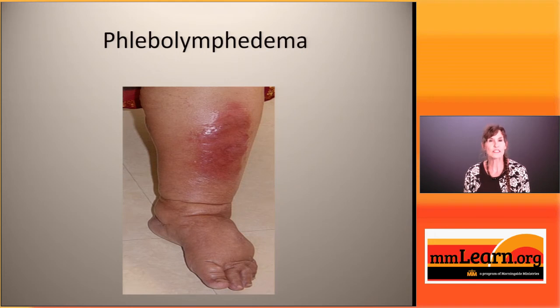And that's a very simple thing to look for. If you were to look at this picture at the base of the patient's first and second toe, you can see a big pinch or fold of skin. That is called Stemmer's sign, S-T-E-M-M-E-R-S, Stemmer sign. That is indicative of lymphedema.